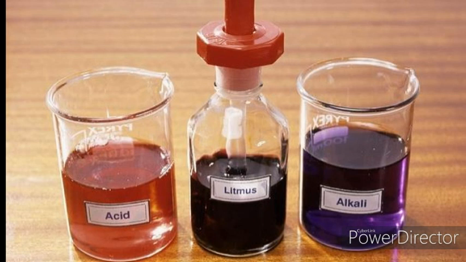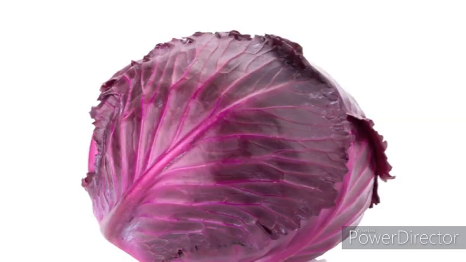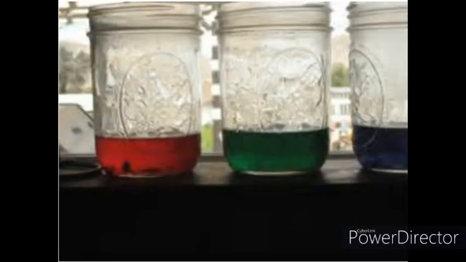But when you put it into acid, it will turn red, and in base its color is blue, whereas in neutral solution it will remain purple in color. The next natural indicator is red cabbage. The red cabbage turns the acidic solution into red color and the basic solution into bluish green color.